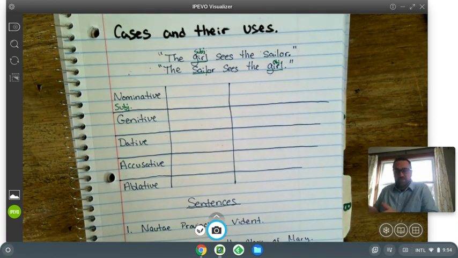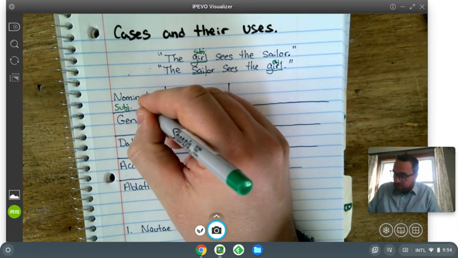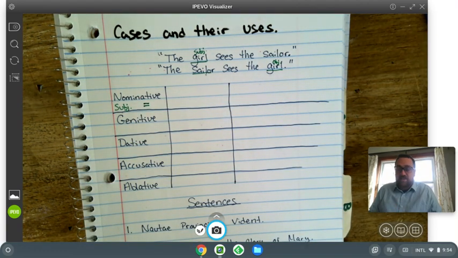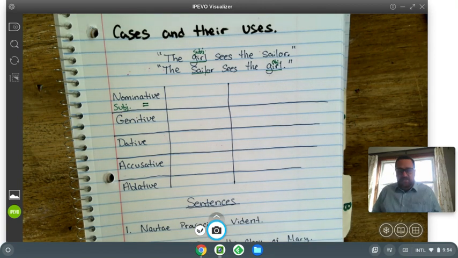The girl is the daughter. Since girl and daughter are equal, they're the same thing, we might also use the nominative more than one time in a sentence. Even though a sentence typically only has one subject, sometimes we can use the nominative if the subject is something in a sentence. Okay, and we'll see some examples of that when we get to the sentences down here.